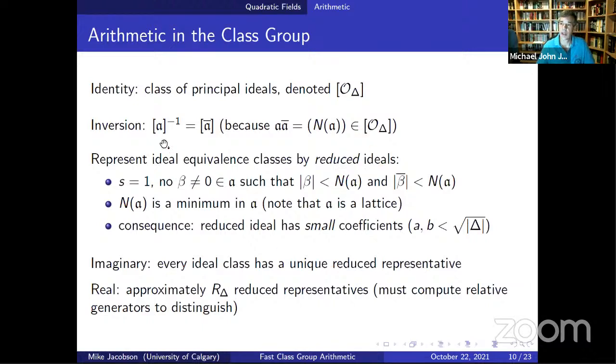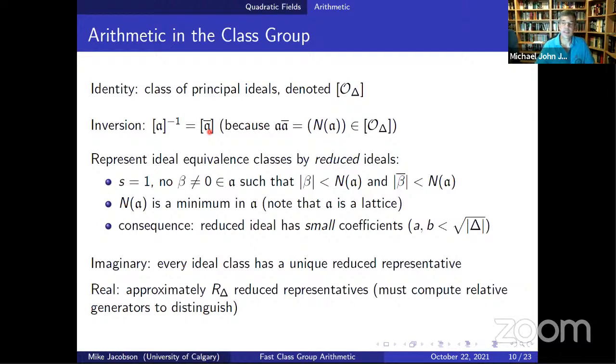If you want to do group arithmetic, you also would like to know how to invert elements in your group. Inversion in the class group is pretty easy. To invert a particular class, we just take a particular representative of the equivalence class and take its conjugate. And I claim that that represents the inverse class in the class group.